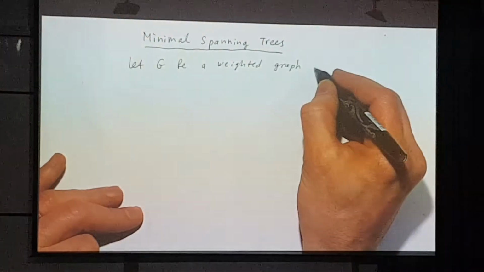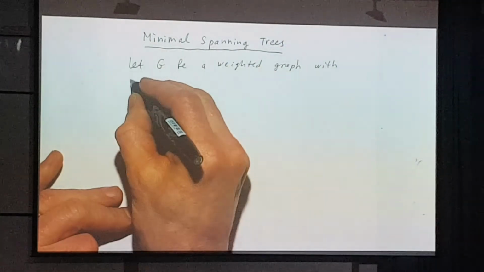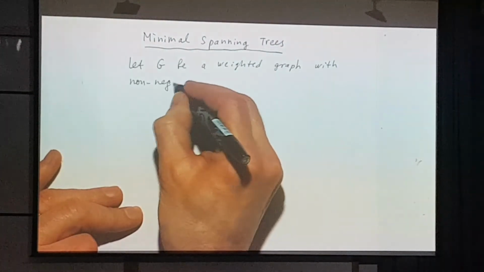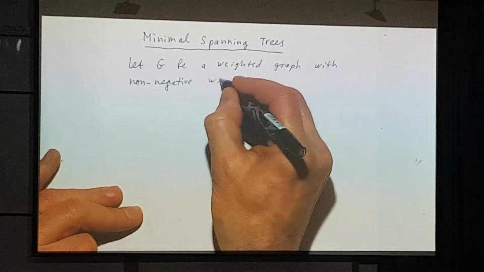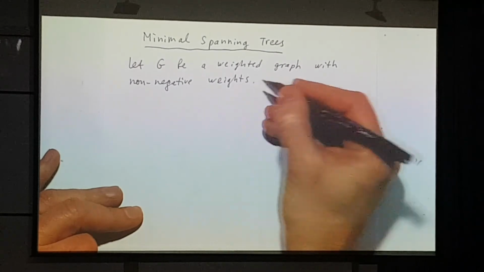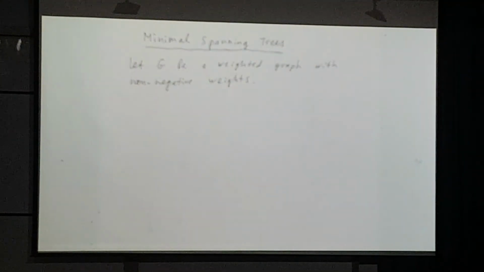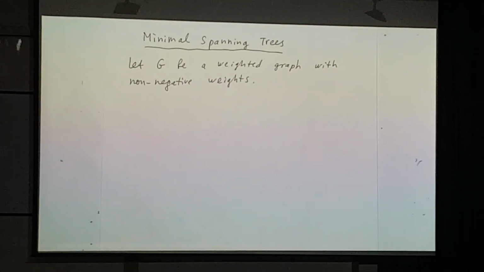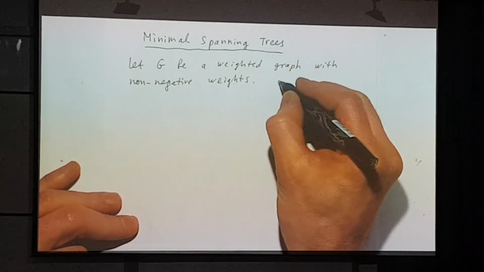So, weighted graph with non-negative weights. A spanning tree with a special property, that it has the smallest possible total weight, is called a minimal spanning tree. So let's write this down.